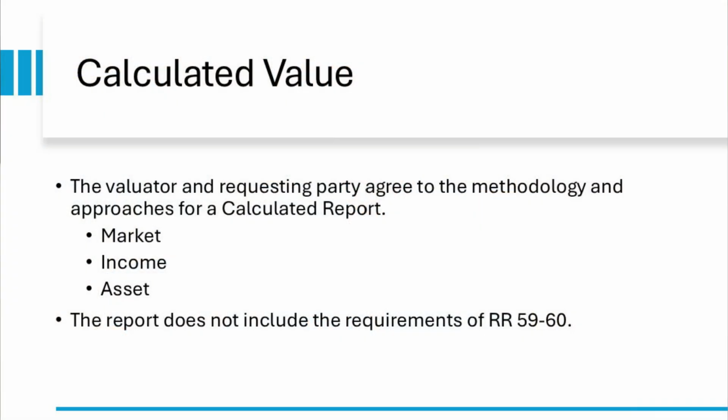The second valuation type is what's called a calculated value or calculation of value. And that's where a valuator and the principal or party ordering the valuation agree on the method or methodologies that'll be applied in just a straight calculation and then reaching a value.